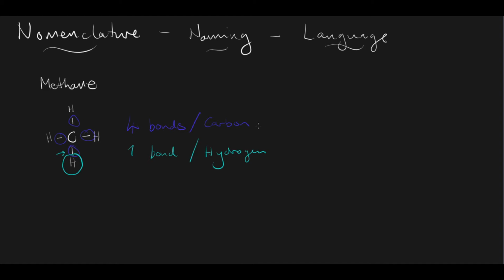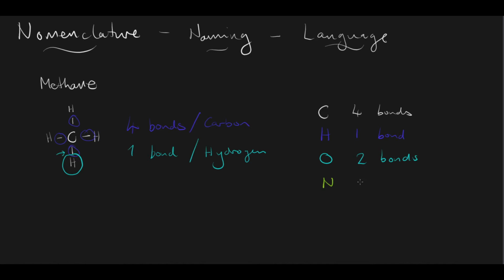And you'll notice in organic chemistry that this is always the case, or pretty much always. So carbon nearly always has 4 bonds. We've already covered that. Hydrogen has 1 bond. Oxygen always has 2 bonds, sometimes 3 and sometimes 1, but normally 2 bonds.